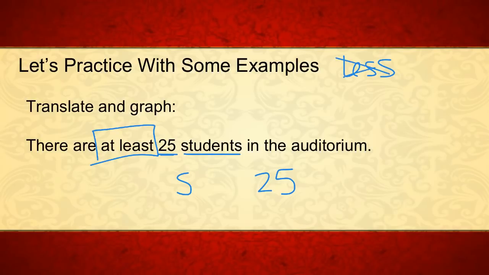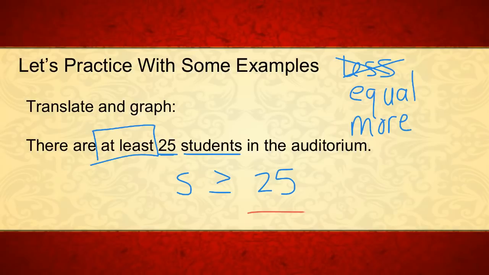No. Is there exactly 25 if there's at least 25? Yes. Is there more than 25 if we have at least 25 kids? Yes. And so the answer is I want something that is greater than or equal to 25.